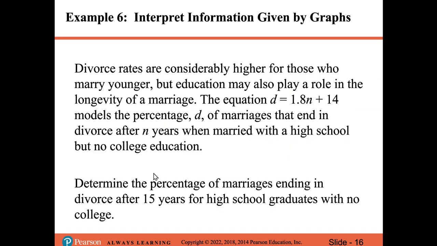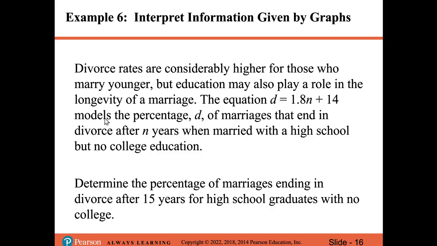All right, so how do we interpret the information given by a graph? Okay, look at this one, it is a little bit of application. It says divorce rates are considerably higher for those who marry younger, but education may also play a role in the longevity of the marriage. So this one is the equation.